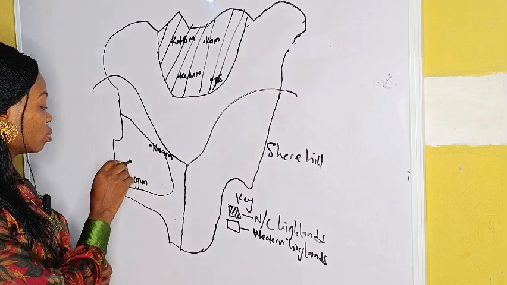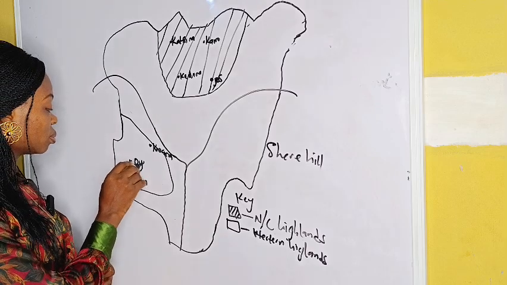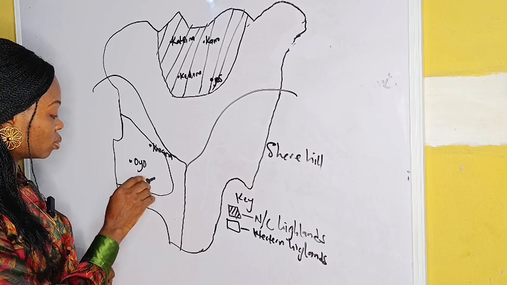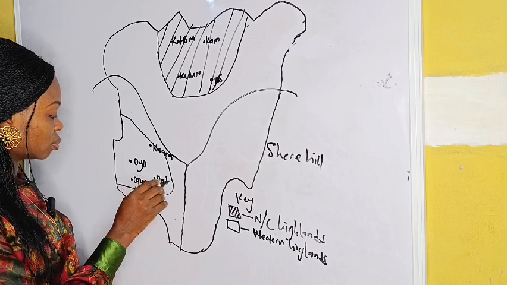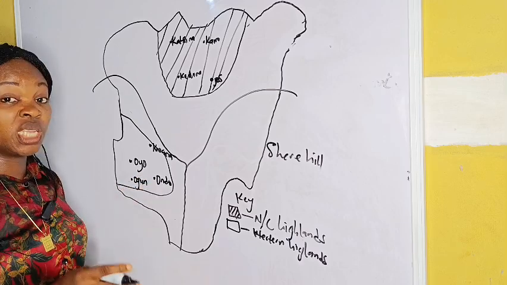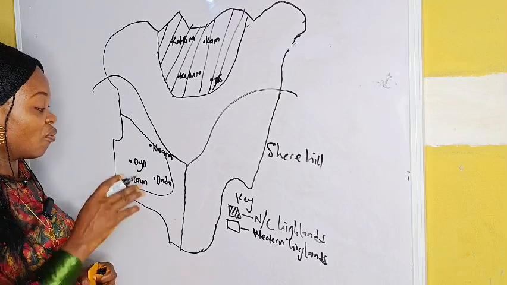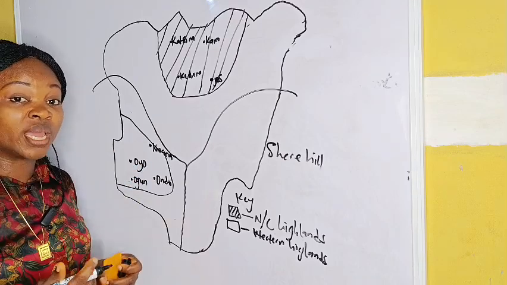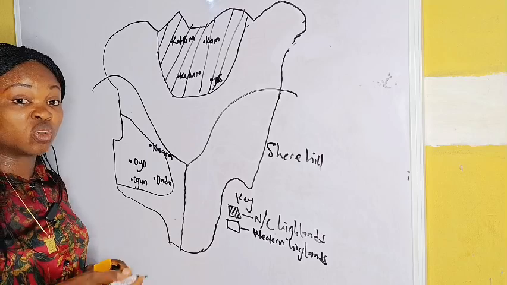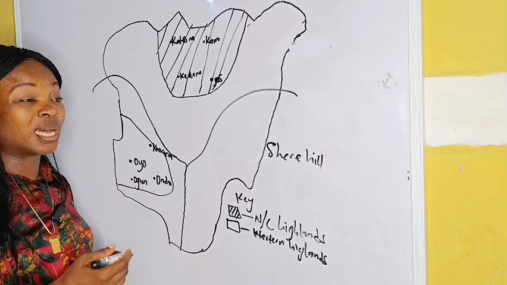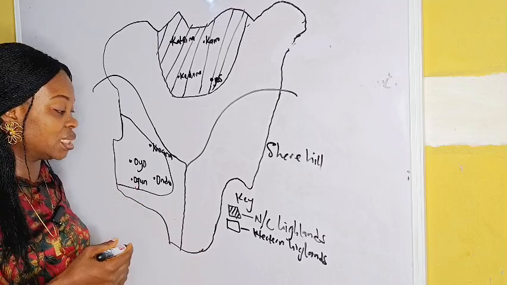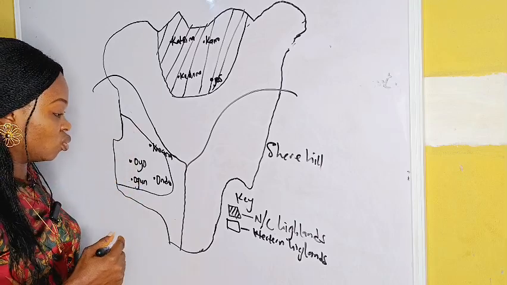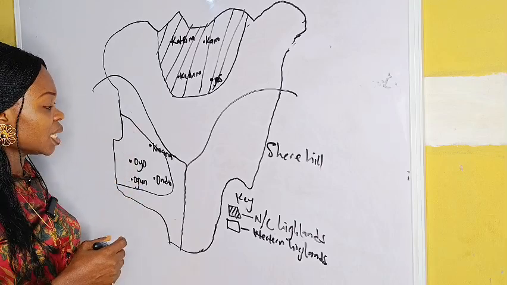There's Oyo. There's Ondo. I want us to be locating four states for each region so that the map does not look cluttered. And even in WAEC, nobody will ask you to locate up to 4 states or 3 states, at most 1 or 2 states. But I'm doing 4 so that you have enough to use when it is time.